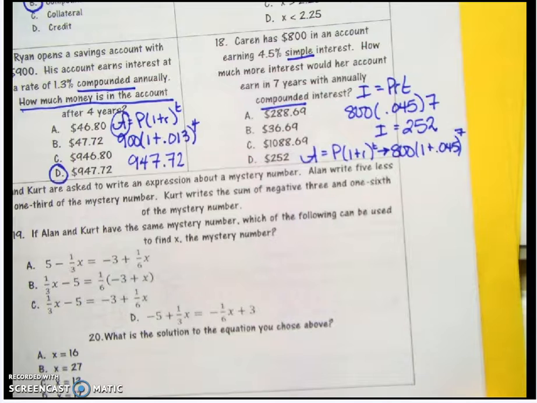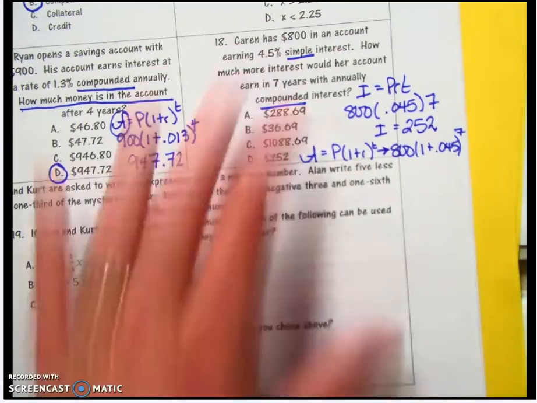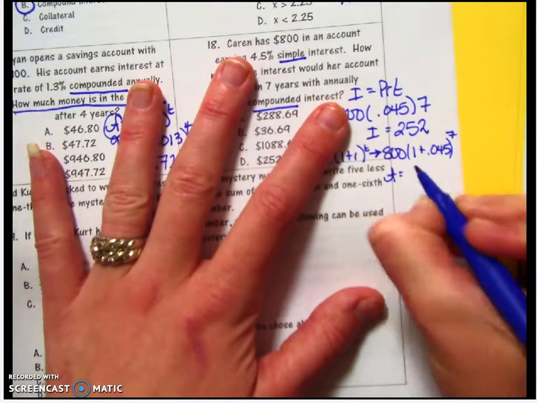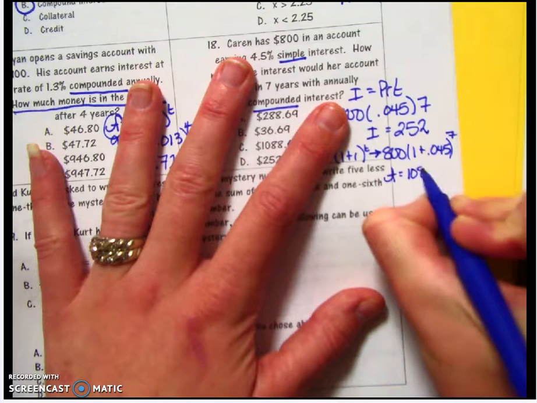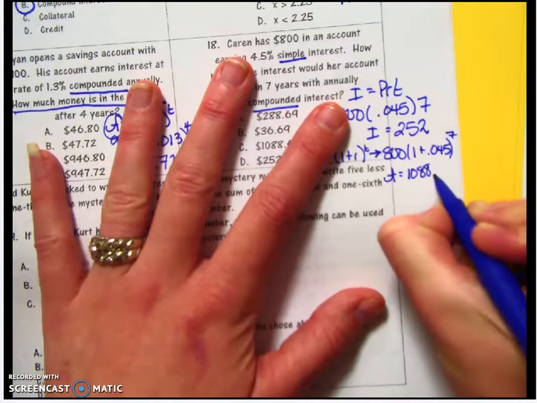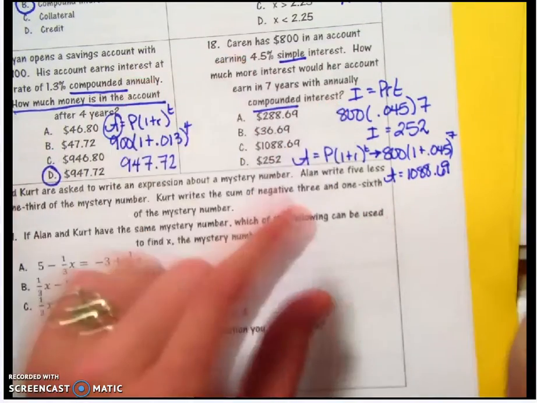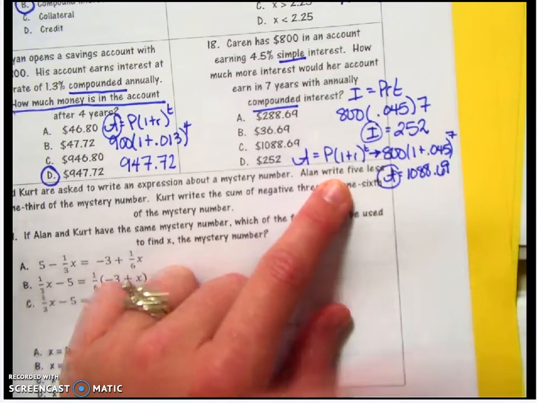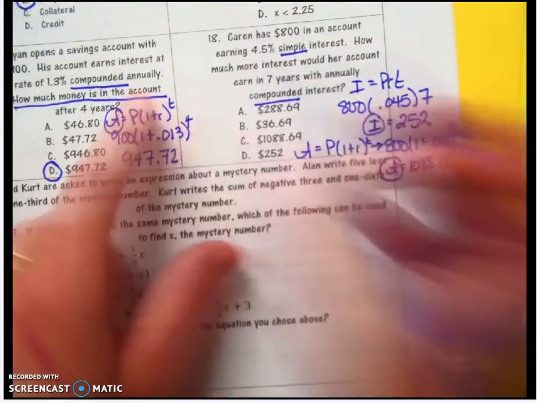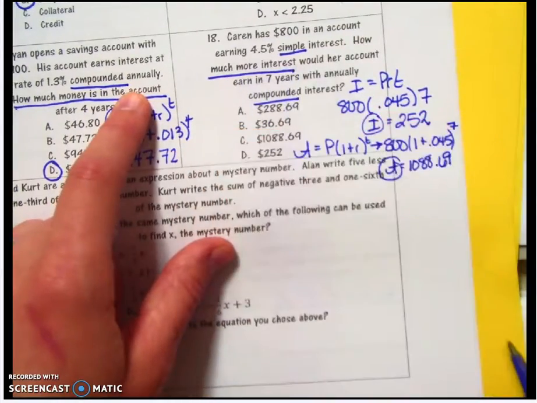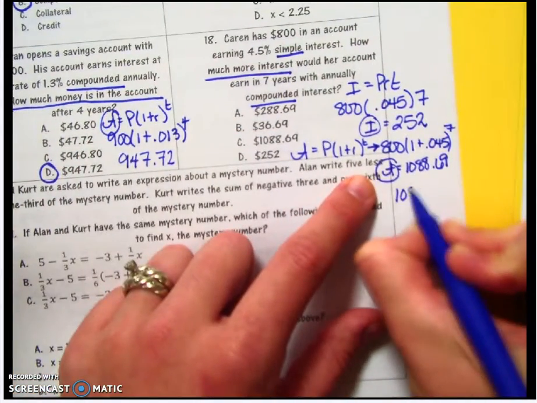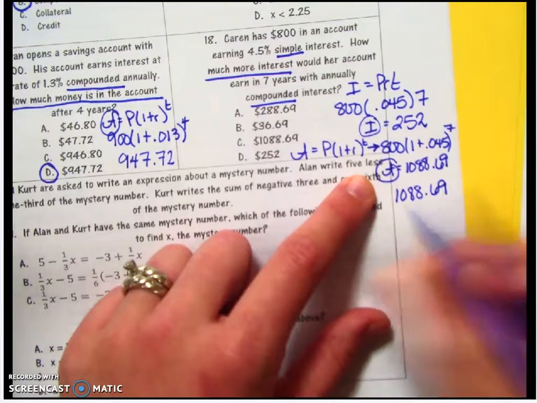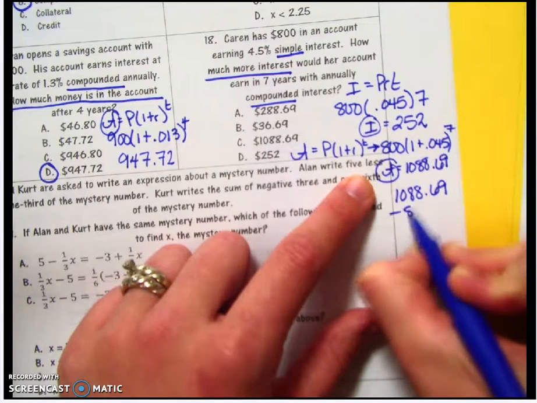So again, if I put this into my calculator, I get a total amount of $1,088.69. All right, here's the mess up. You guys compared I and A. I need to find the interest because it says how much more interest. So I have got to subtract my total amount and I have to subtract my principal.